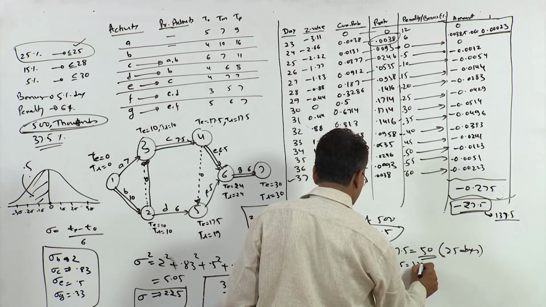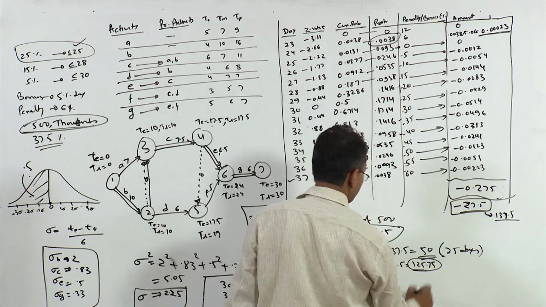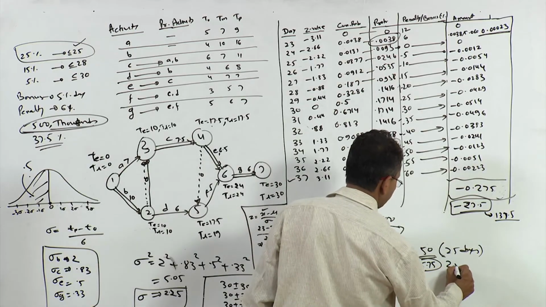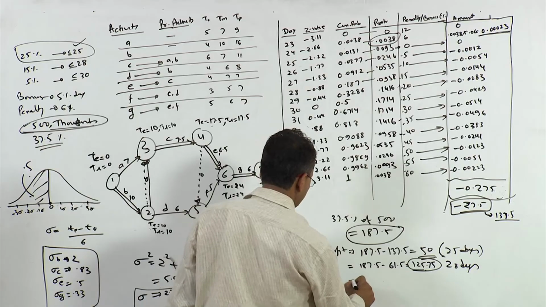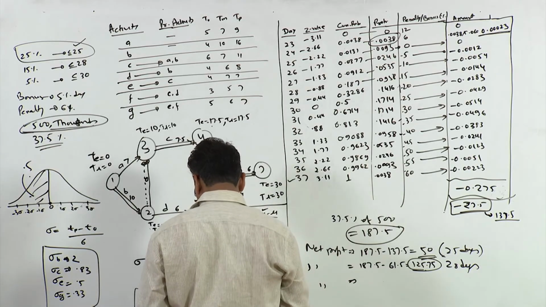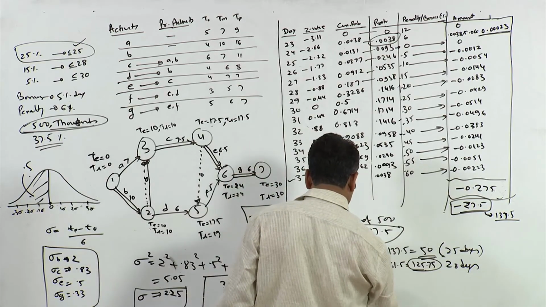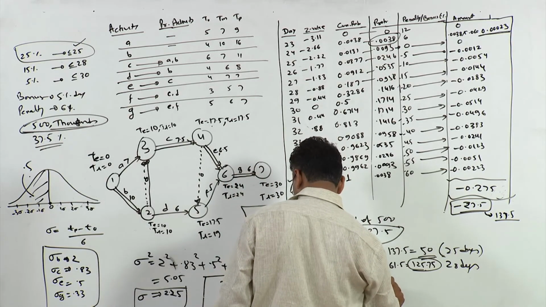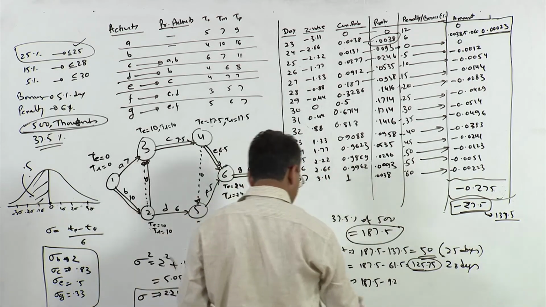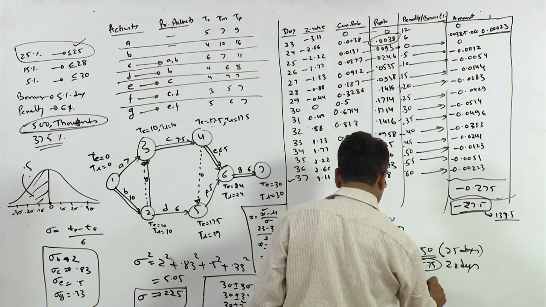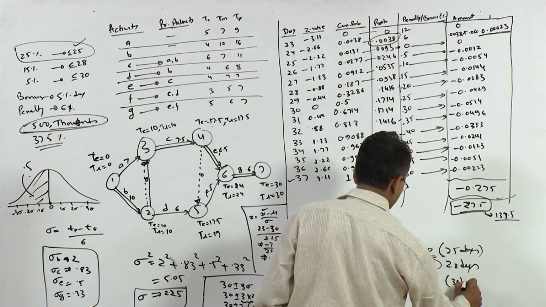So this is 125.75, this for 28 days. And finally for 30 days, the net profit would be 187.5 minus 9.2 thousand, which is equal to 178.3 thousand. This for 30 days.